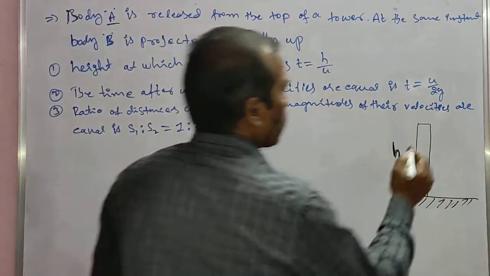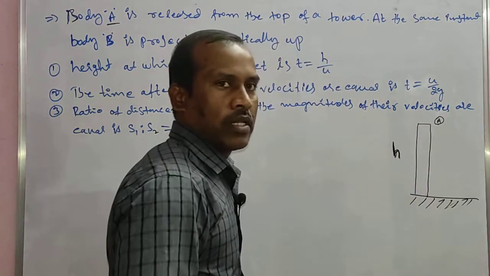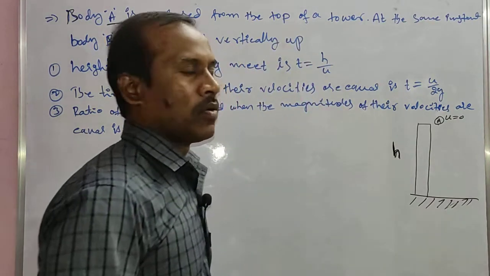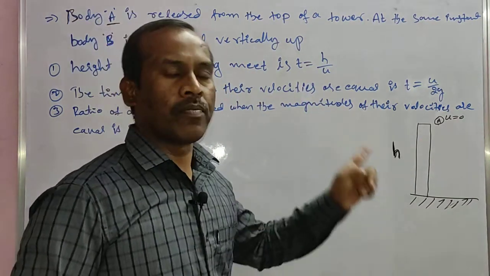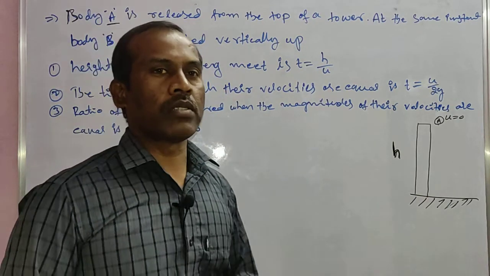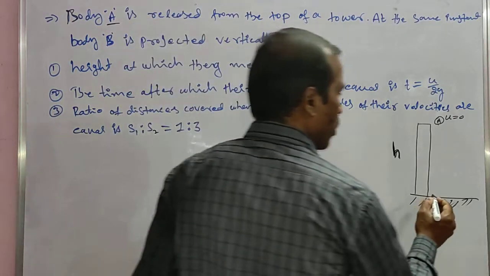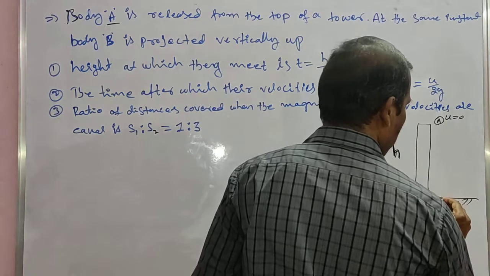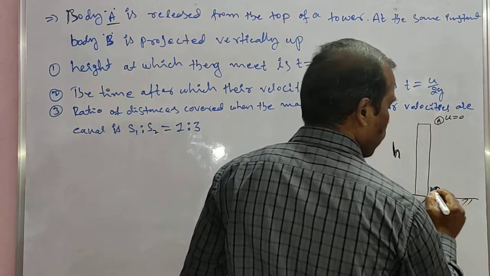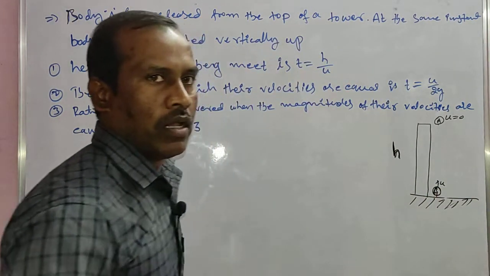Body A is dropped downwards with initial velocity 0. Next, body B is projected up at the same time with initial velocity u. Another body is projected up; this is body B, with initial velocity u.